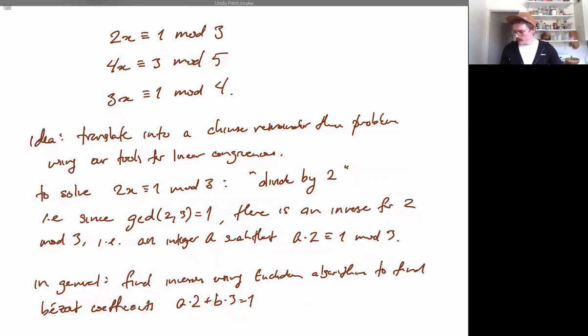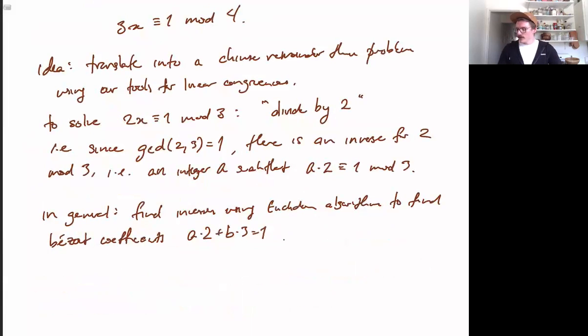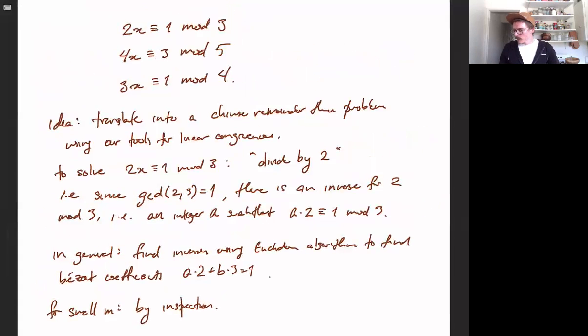So this is how you can do it in general. This will always work. But for small m, we can just do it by inspection. What I mean by this is just look at it, or really just check a couple of things. For example, if you're working mod 3, do you really want to use the whole Euclidean algorithm to find Bézout coefficients when instead there's 3 things to check and you could just check all of them?